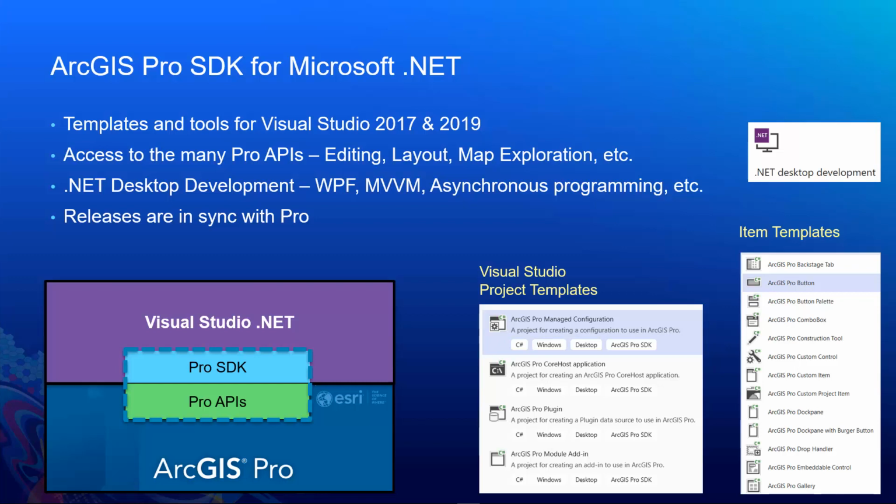So you'll be doing .NET desktop development, so you'll be able to take advantage of modern .NET standards for desktop, such as WPF, Windows Presentation Foundation, MVVM, and asynchronous programming. And there's been a lot of efficiencies that have been built into the SDK, so you can get started right away with these, with a lot of different patterns and samples.